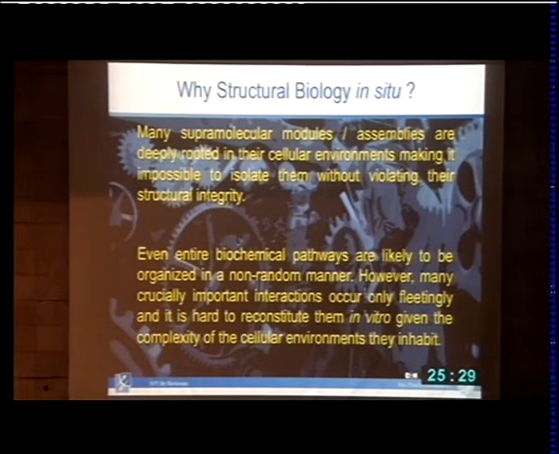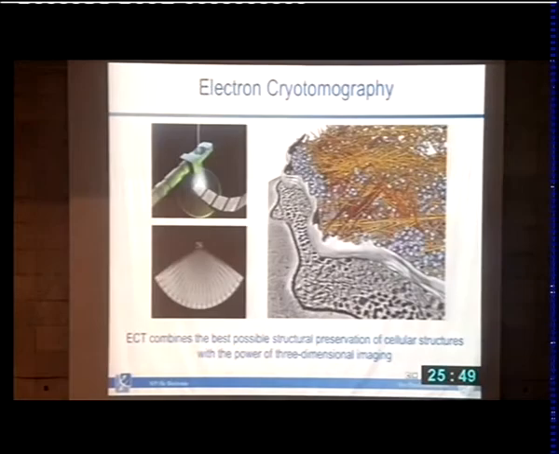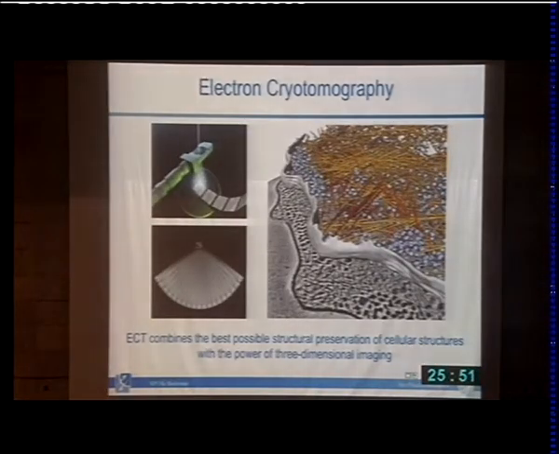I think many think that entire biochemical pathways are organized certainly in a non-random manner, and it will be important to be able to study them by what we like to call visual proteomics. I think it will not be possible to reconstitute such complex environments, including all the aspects of crowding and so on and so forth.